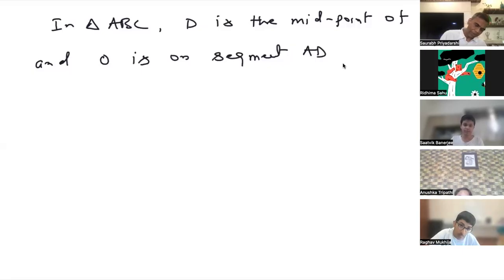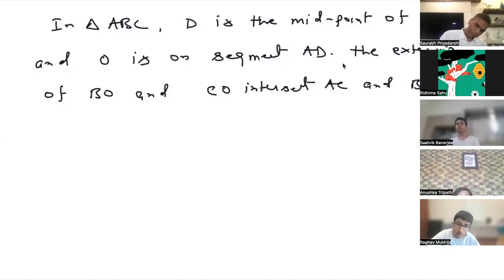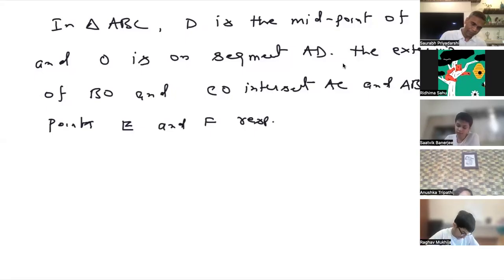The extensions of BO and CO intersect AC and AB at points E and F respectively.